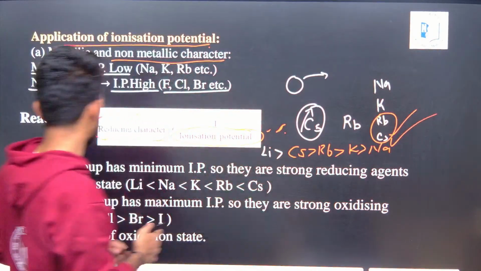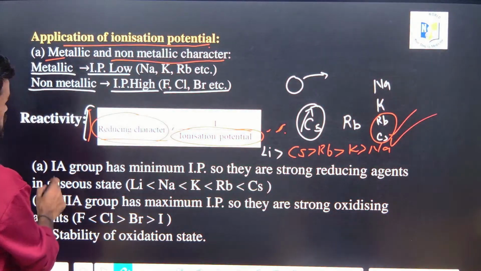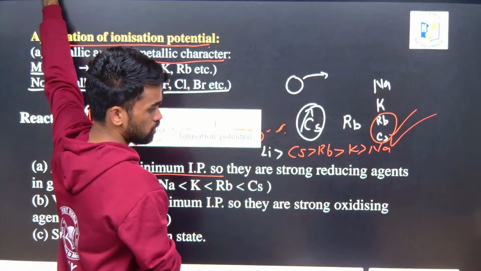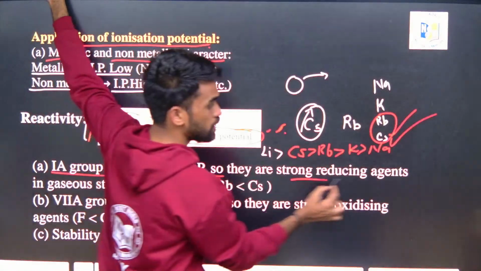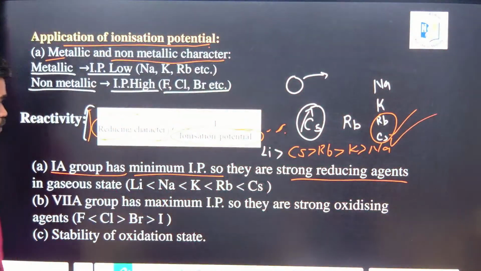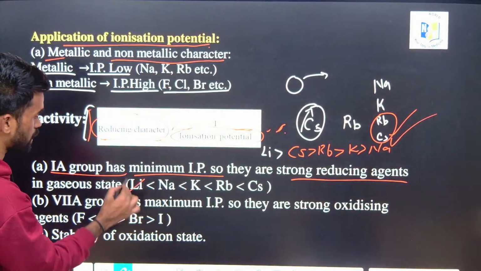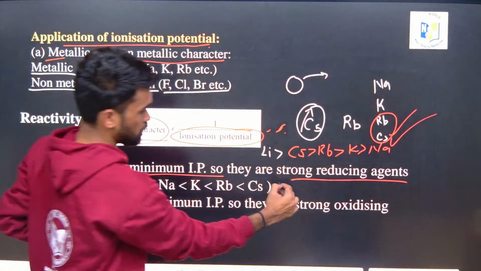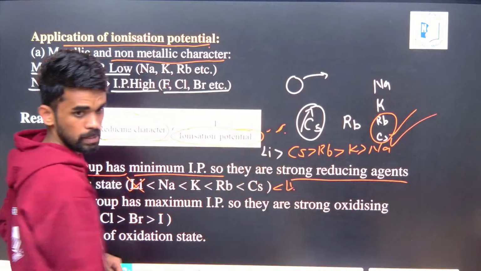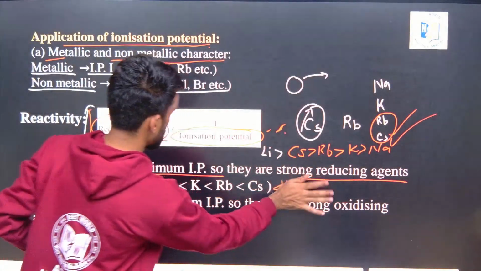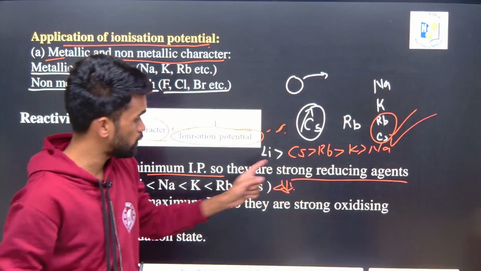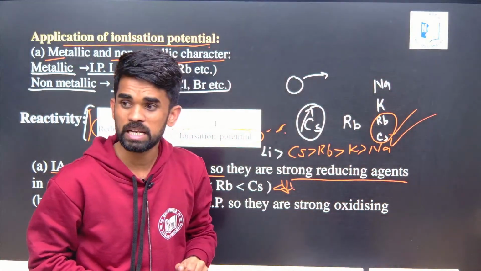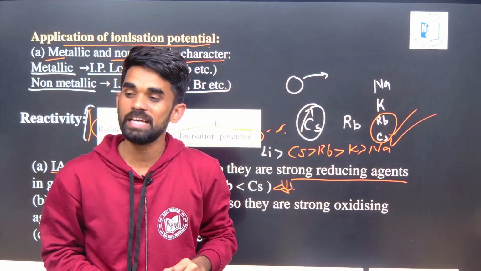Next. First A group elements have minimum ionization potential, so they are strong reducing agents. Lithium, what I told you, you should keep exceptionally here, otherwise just study other than lithium. Why am I saying lithium has the maximum? Exceptionally it has more hydration energy.